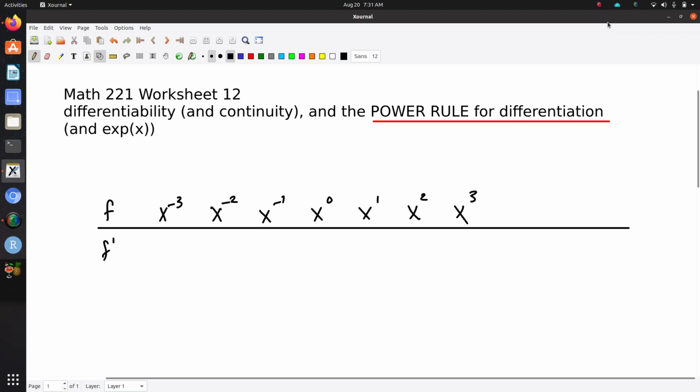Okay, let's just do these examples. Anything to the 0 is 1, so I'm writing 1 as just x to the 0. The derivative of 1 is 0 because this is y equals 1. The derivative of that is clearly 0. The derivative of x is 1. The derivative of x squared is 2x, and the derivative of x cubed is 3x squared.